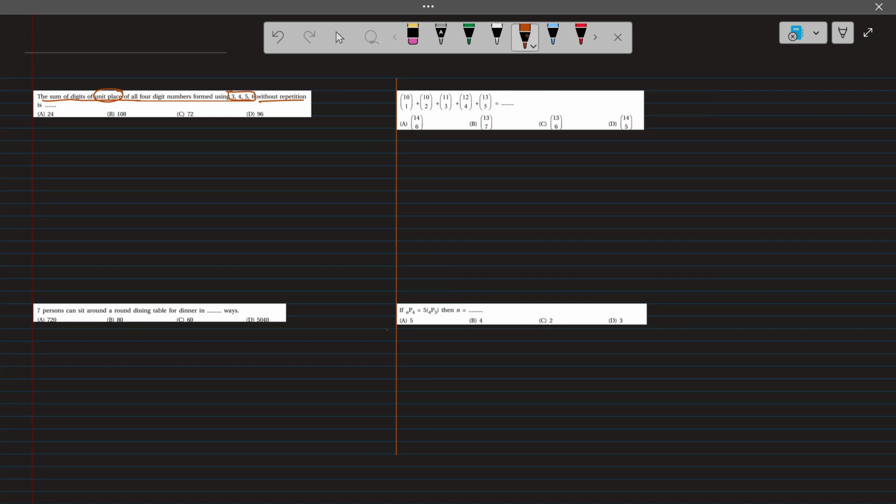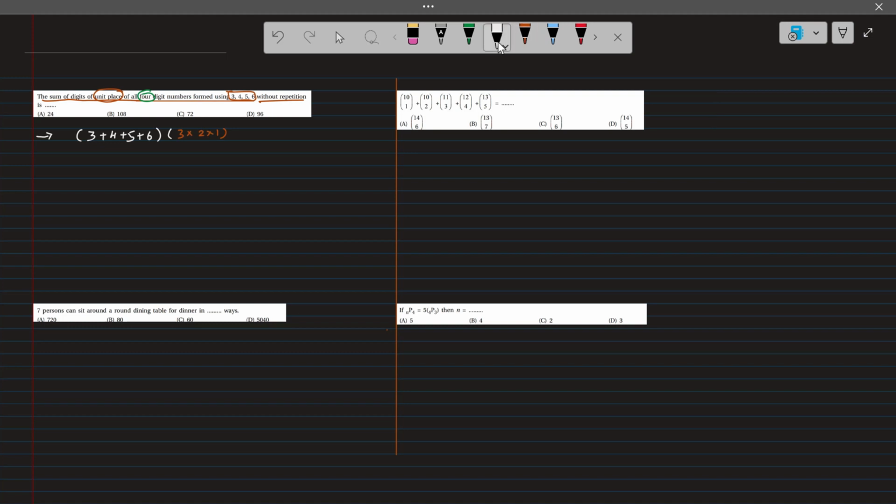Here we'll directly use one shortcut and then we'll see how the shortcut is created. The answer of this will be, we'll add all the numbers given: 3 plus 4 plus 5 plus 6, multiplied by... Since we have to create a 4-digit number, we'll start with 1 less than 4, that is 3 into 2 into 1.